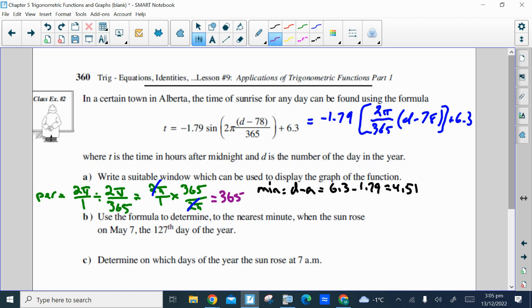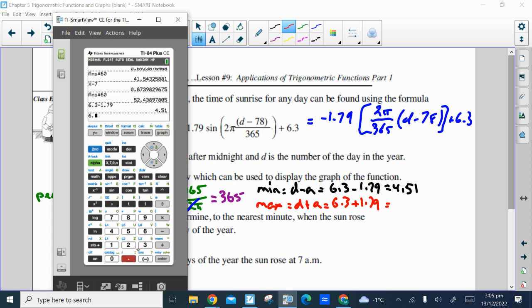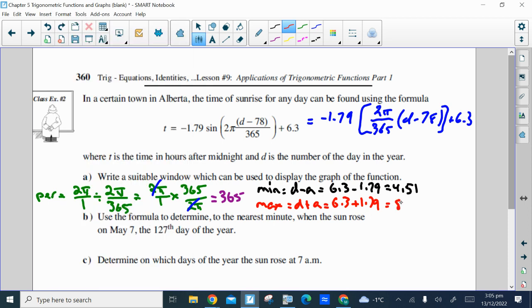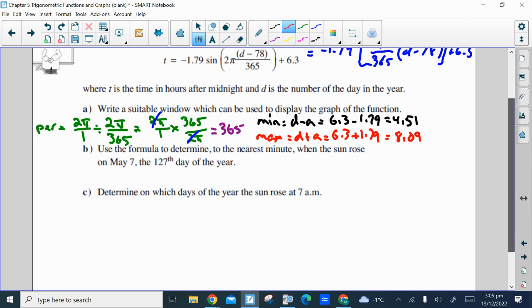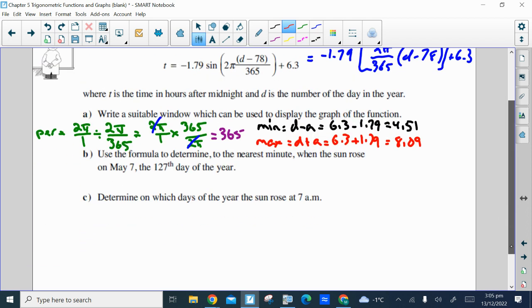that's our minimum, and our maximum will be d plus a. 6.3 plus 1.79. 8.09. So these are all things that we need to write our windows.